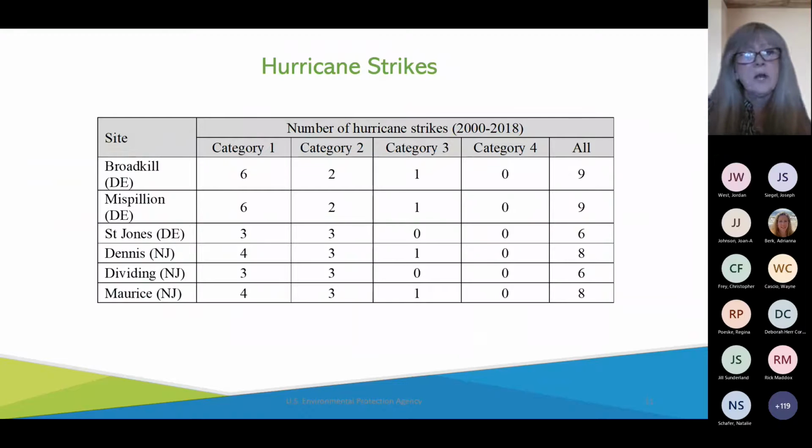And then hurricane strikes. So some of the previous metrics gave down to fairly detailed spatial data. Hurricane strikes did not allow us to look at any differences between hurricane strikes within a site, but we could certainly expect differences between sites based on where they're located along the coast.